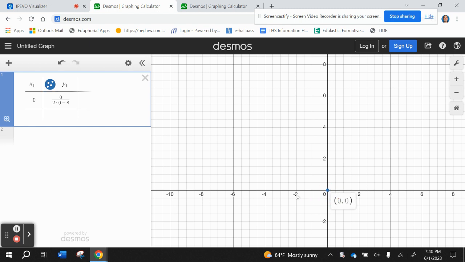That's not a solution because we're looking for 2.5. Now let's try 3. So 3 divided by 2 times 3 minus 8. That's -1.5. That doesn't work. So now let's try 4. So 4 divided by 2 times 4 minus 8.